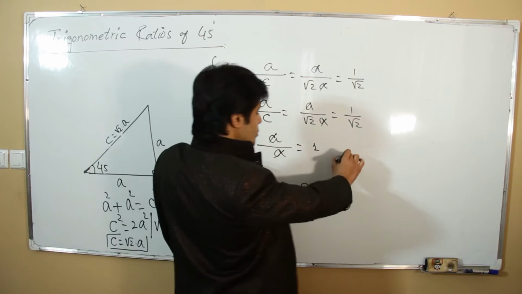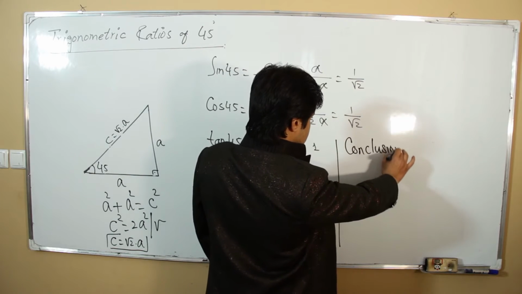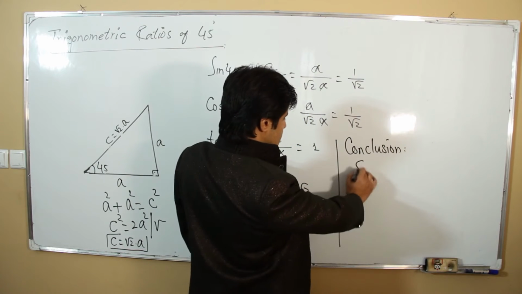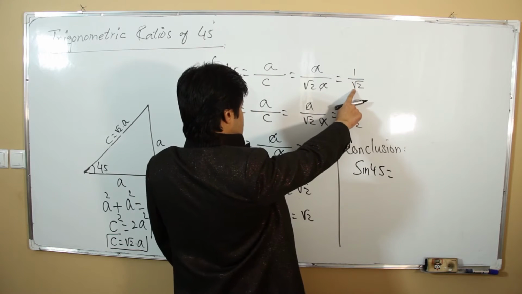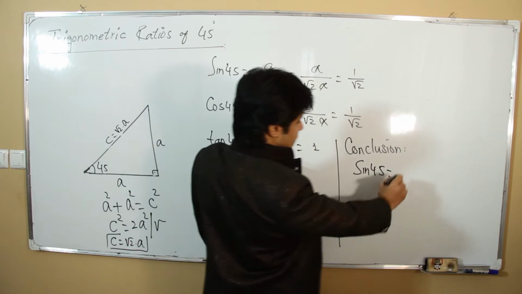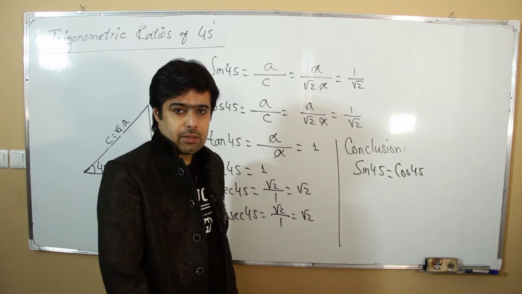Now, in conclusion, we can say that sine of 45, which is 1 divided by root 2, is equal to the cosine of 45. Am I right? Yes.